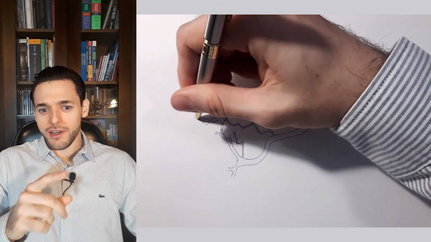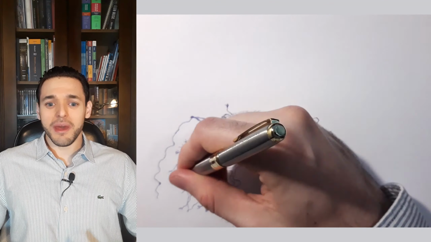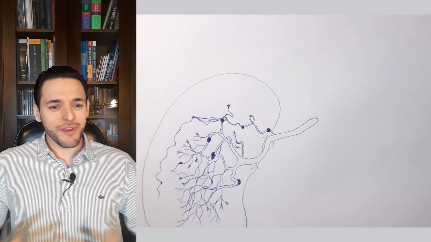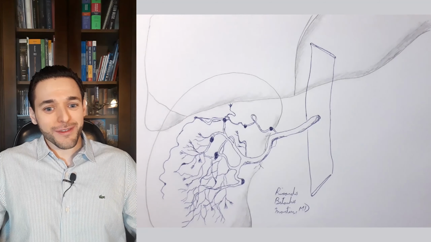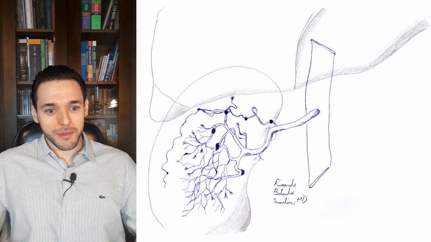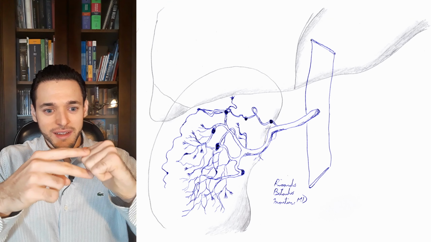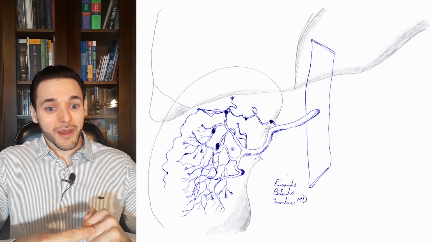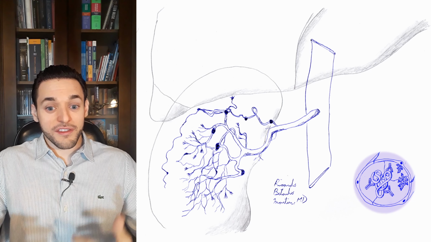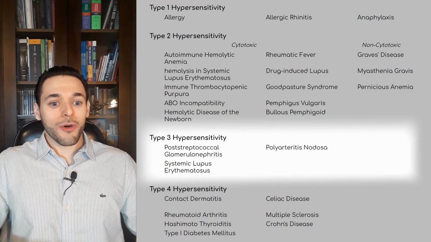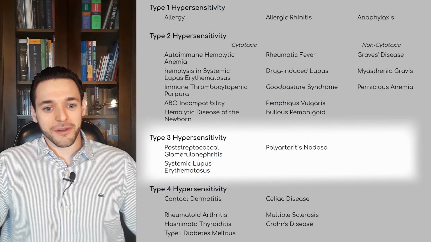Polyarthritis nodosa is a vasculitis strongly associated with hepatitis B virus infection, HBV for short. Precisely because its most common cause is deposition of immune complexes against HBV antigen in the vessels. So, another example of immune complexes against a foreign antigen causing type 3 hypersensitivity.